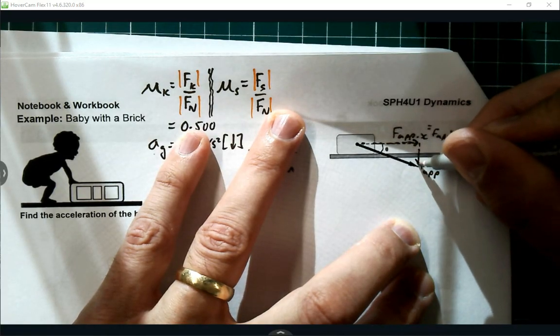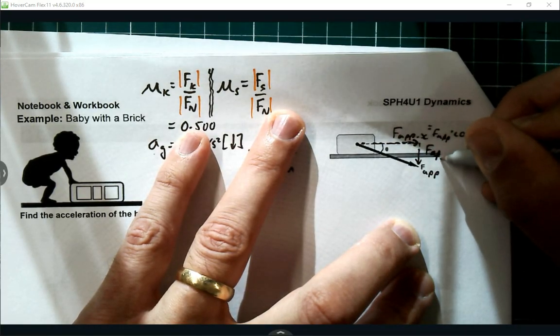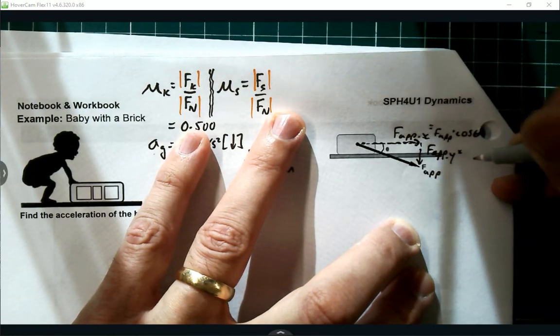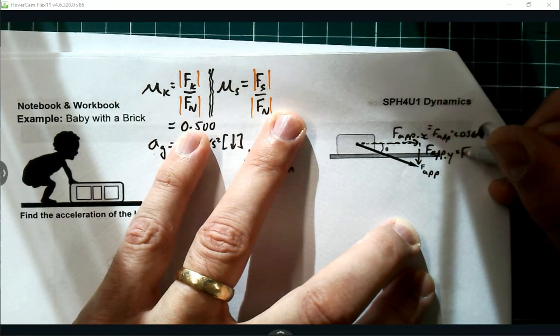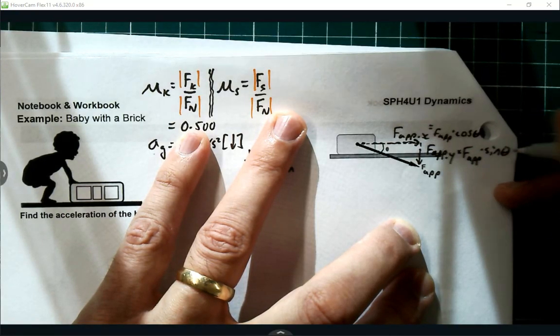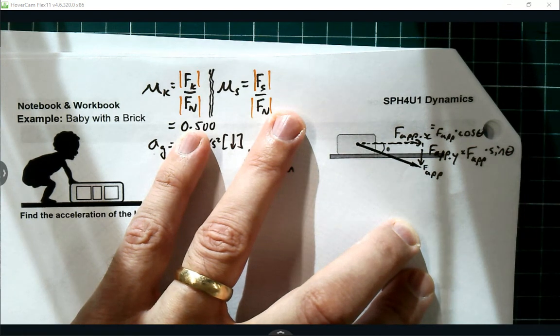And then I'm going to have F applied Y, F applied sine theta. All right, based on the way this diagram's been drawn.